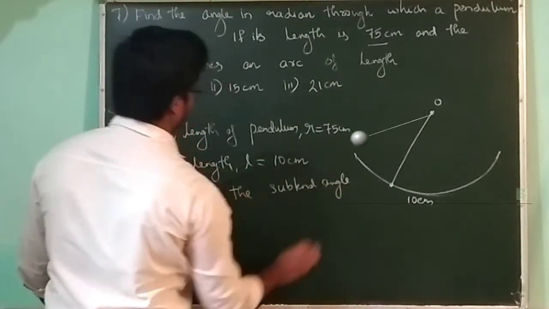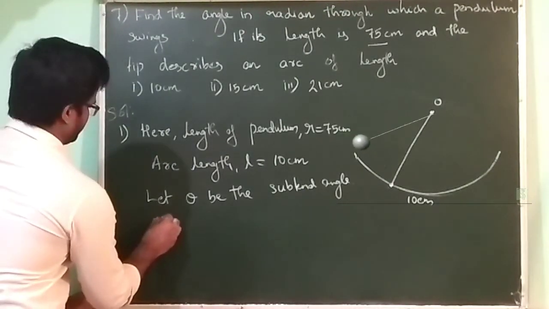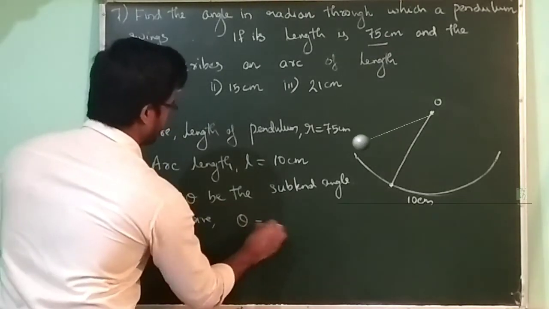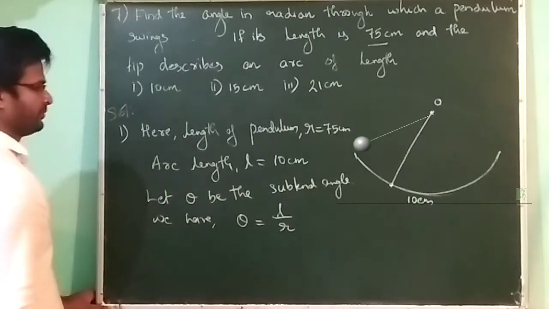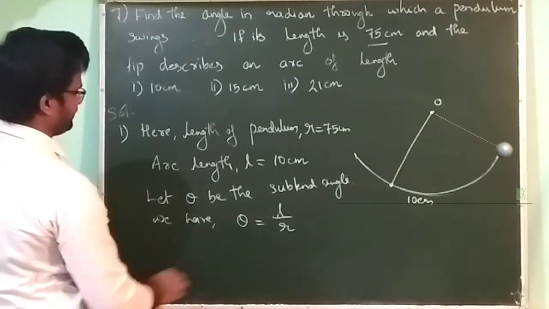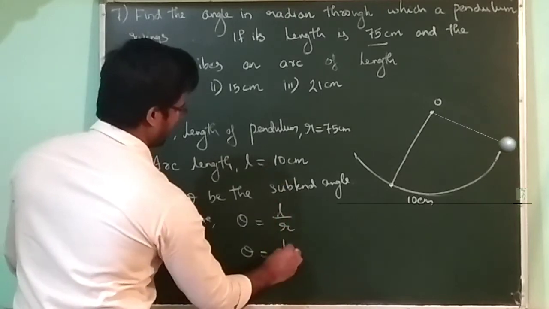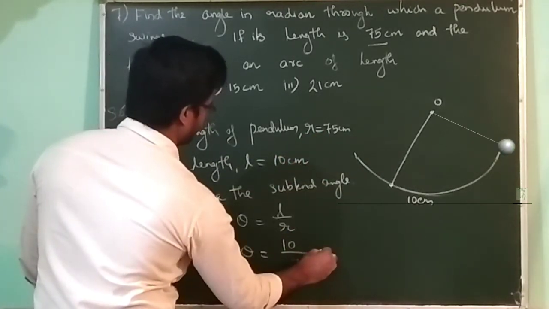We don't know theta, we have to find it out. We have one formula, you know, theta equal to L by R, isn't it? Then theta equal to L is 10 by R equal to 75.